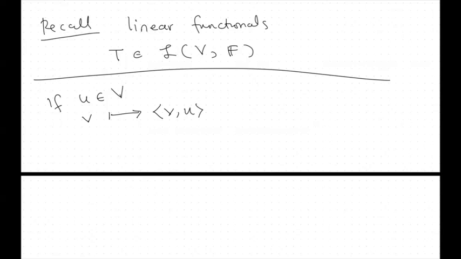This is called the Riesz Representation Theorem.